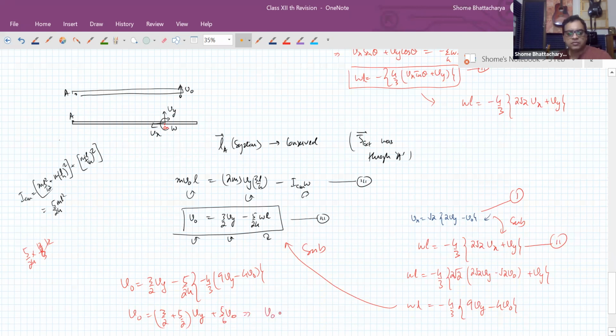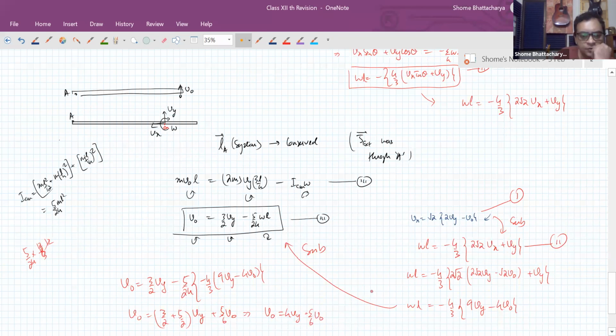You can just check my solving once. So 4 Vy plus 5 by 6 V naught.